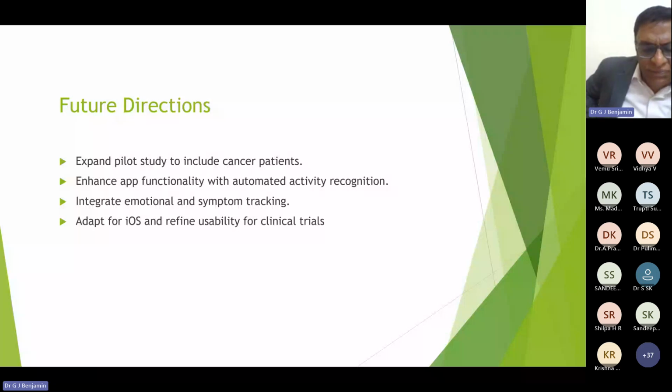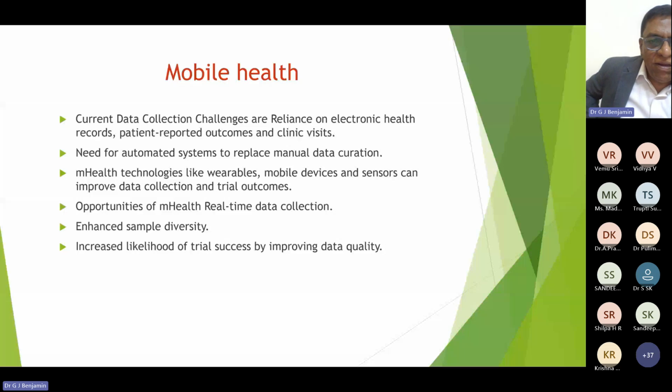This study was done on normal healthy participants, but it has to be expanded to include cancer patients, enhance app functionality with automated activity recognition, integrate emotional and symptom tracking, adapt to iOS, and refine usability for clinical trials.